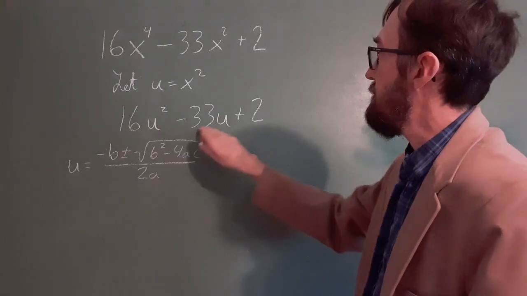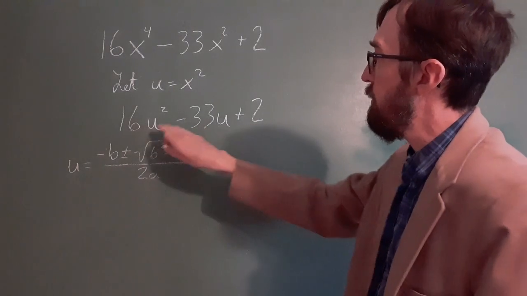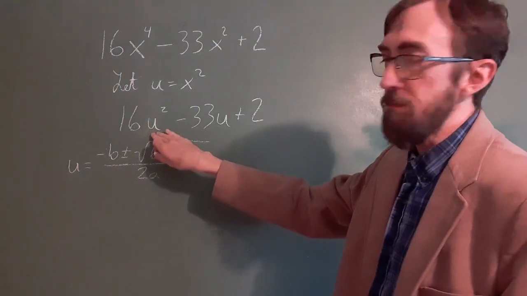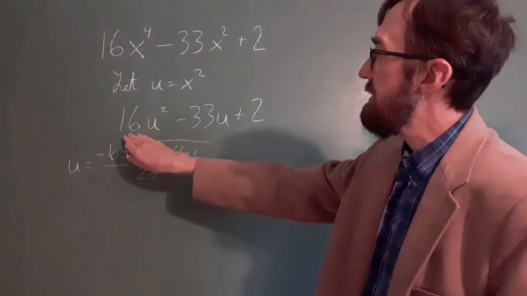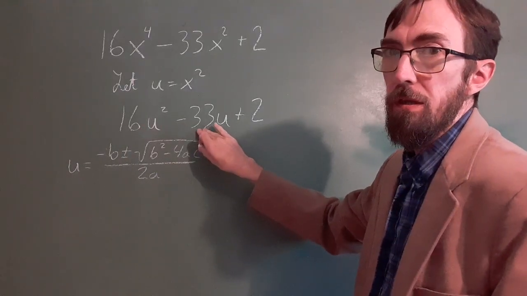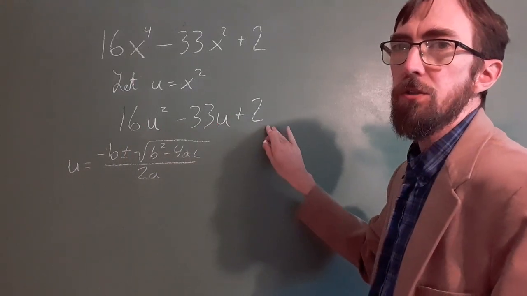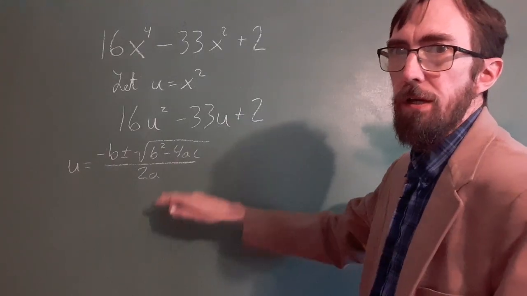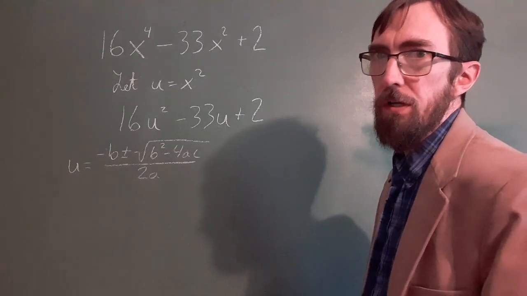The coefficients are the values that we're looking for, not the variables themselves. 16 will be the A value, negative 33 will be the B value, and 2 will be the C value, and I plug that into this formula.